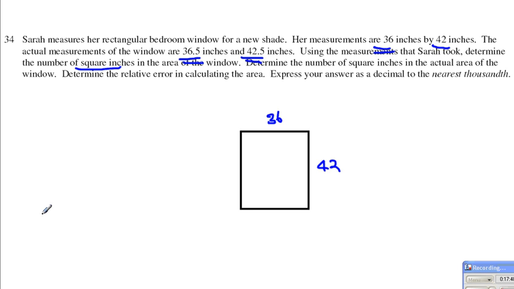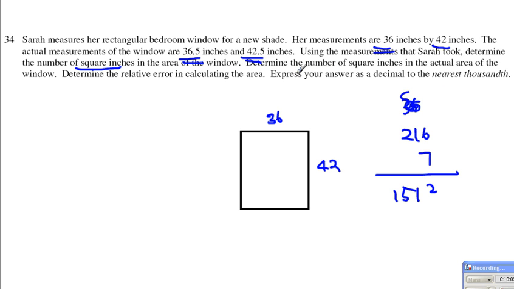We get 36 times 6 is 216, and then times 7, which is equal to 1512. That is the answer measured by Sarah.